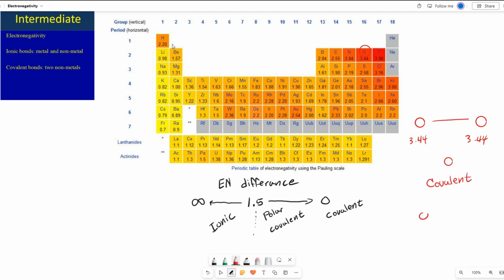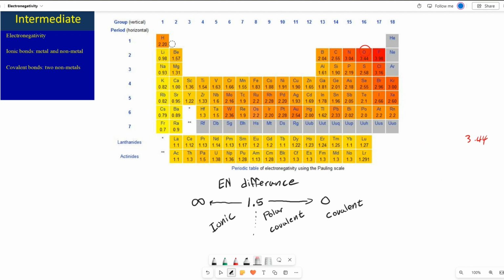So you'd have two oxygens bound to each other, and this would be an oxygen molecule. Remember, molecules are when you have two or more atoms that are bound to each other. So we saw an example of a polar covalent bond and an example of a pure covalent bond.